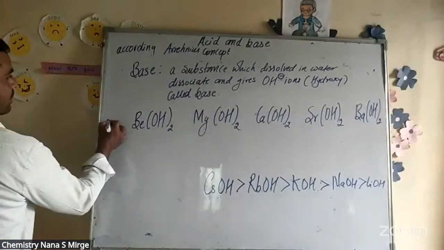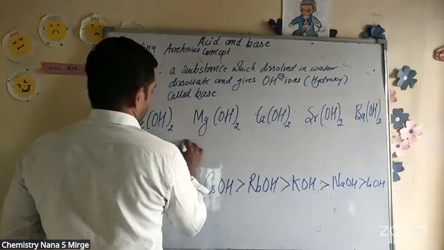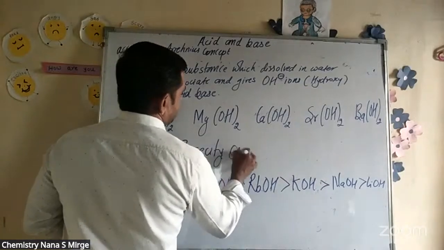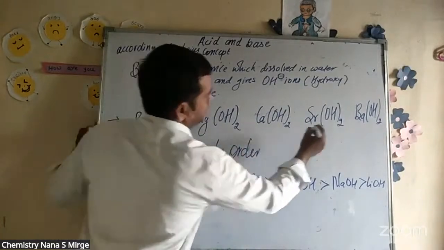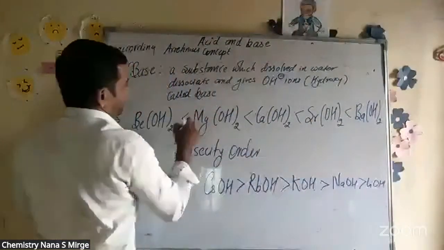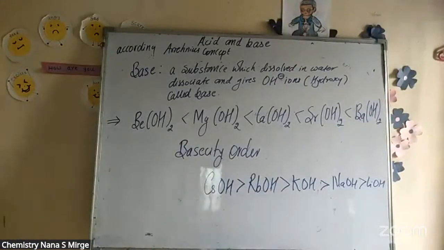Ba(OH)2. Yes, Ba(OH)2 is a strong base. So their basicity order is: Ba(OH)2 is stronger than strontium hydroxide, then calcium, then magnesium. So it is its basicity order, isn't it?